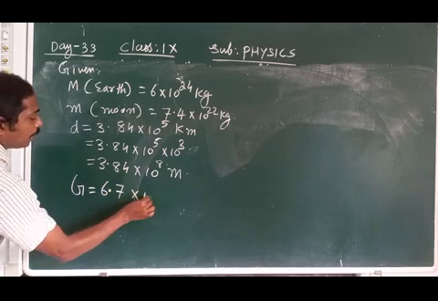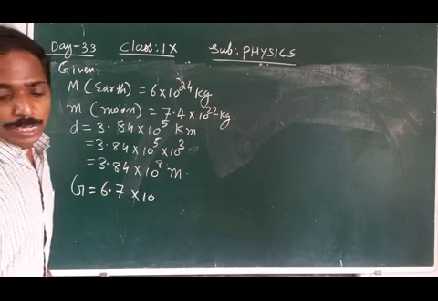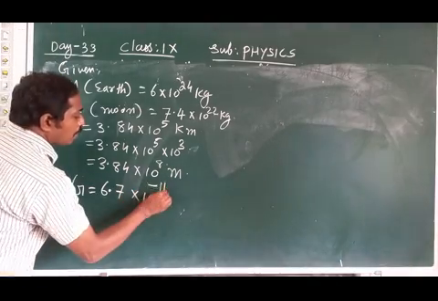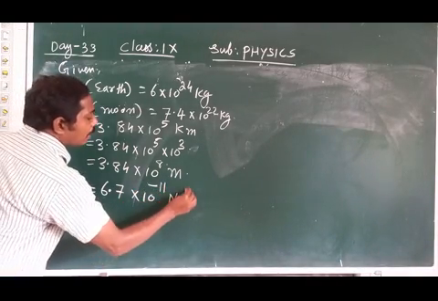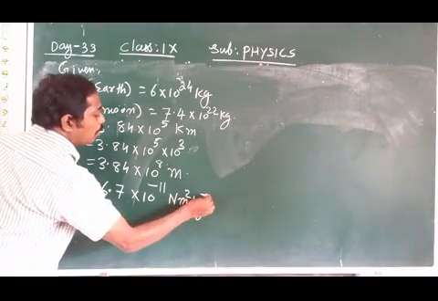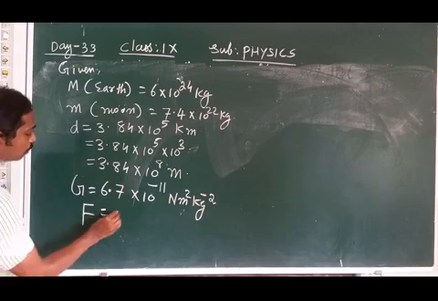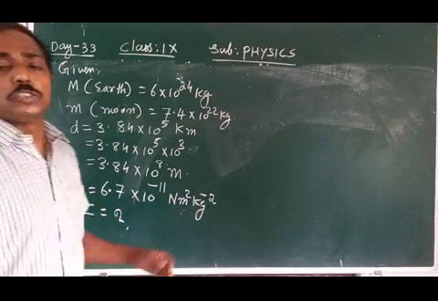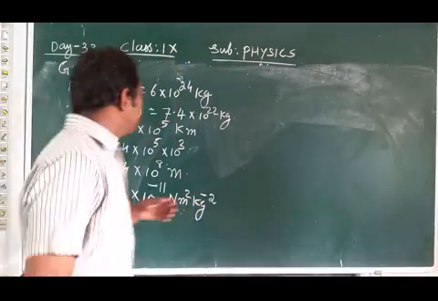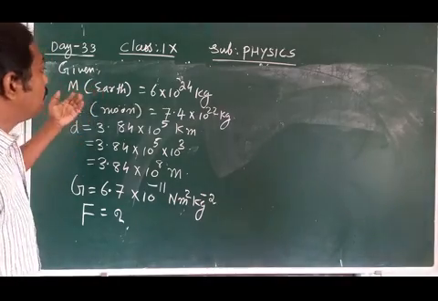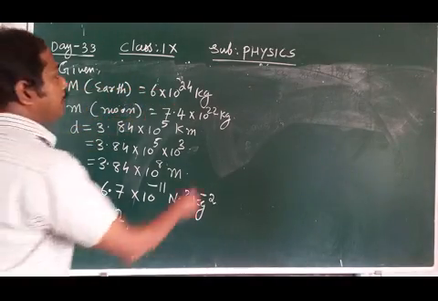Then the G value given in the question is 6.7 into 10 raised to minus 11 Newton meter square kilogram raised to minus 2. F is the question mark, we have been asked to find the force. I repeat: capital M, about earth, is 6 into 10 raised to 24 kg.